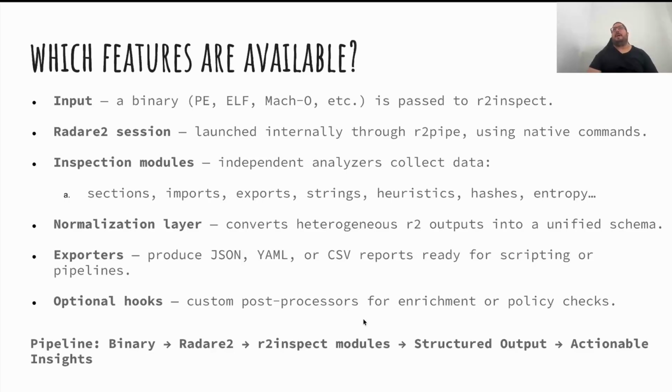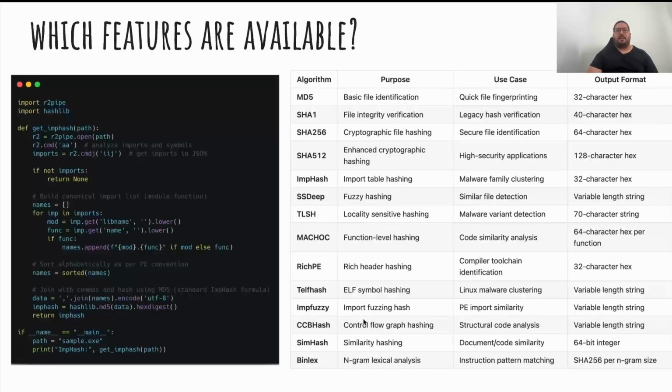So basically, the pipeline is you have a binary or a list of binaries, then we open them with Radare2, then we inspect them with the R2Inspect modules, then R2Inspect creates a structured output, and then you have actionable insights from the data that you analyzed.